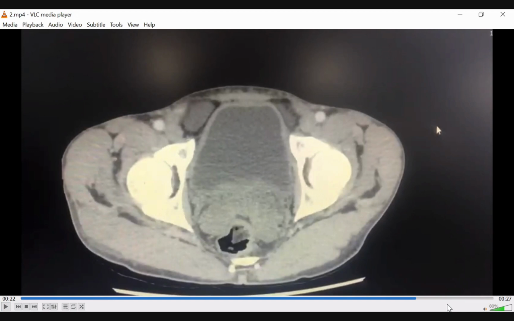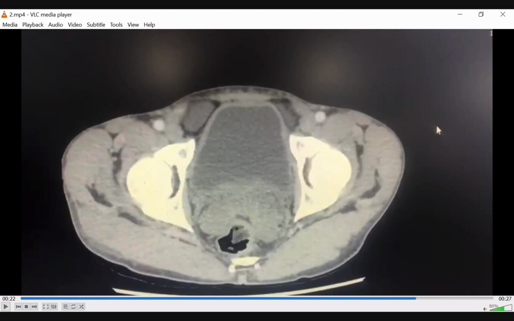The prostate is enlarged. Unilobar, bilobar? Bilobar. Prostate and seminal vesicle.